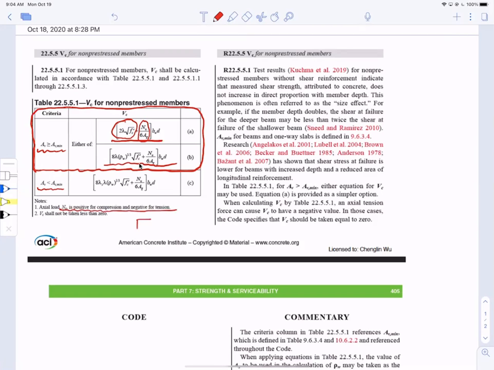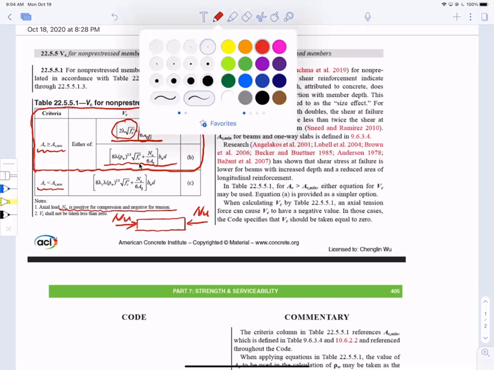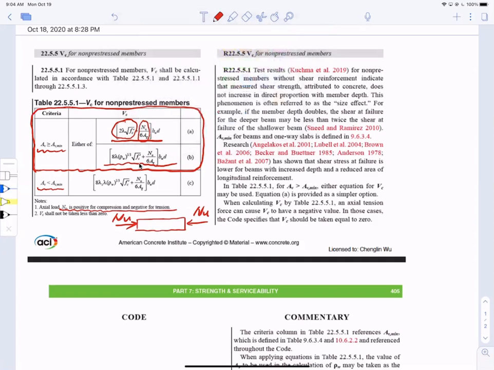That means if I have a member, just drawing it out here, not only am I taking care of shear, but I also have some axial forces. This is what Nu is about, okay? So naturally, if you think of it, the compressive stress relieves some of the shear stress on the section, right? So you have help from the compression.